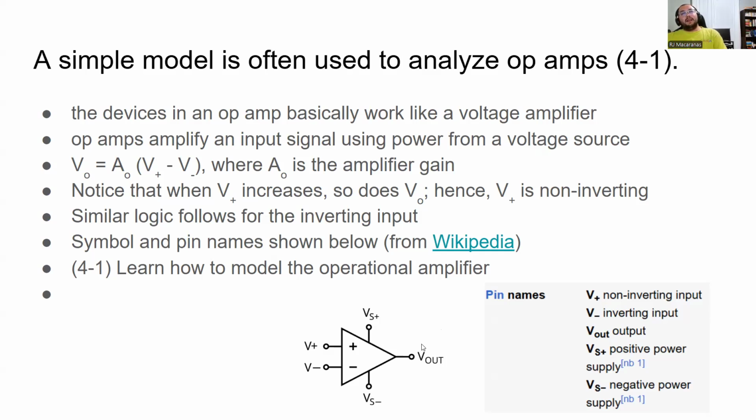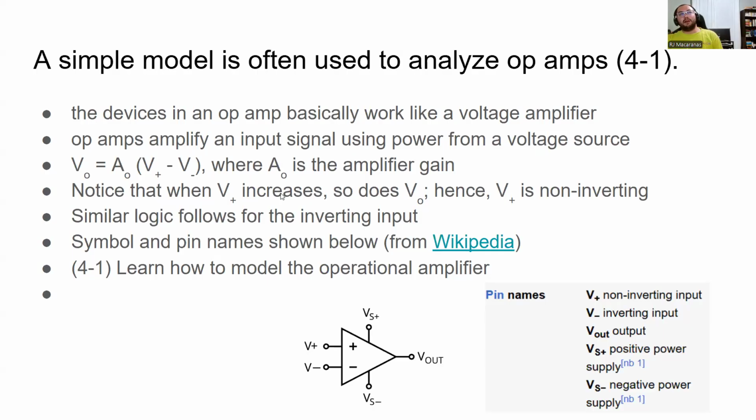Aside from the input pins and the power supply pins, we have an output pin. Again, we're amplifying the input signal using power from our voltage source, and it outputs onto this output pin. It's related by this expression where the output voltage is equal to the gain of the op amp times the difference between the non-inverting minus the inverting inputs.